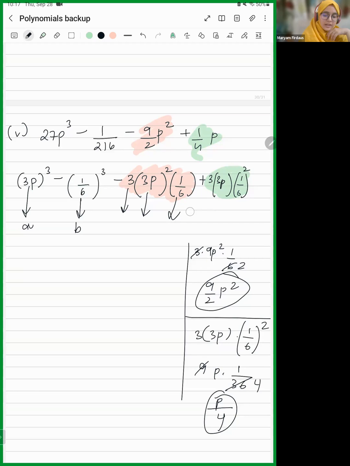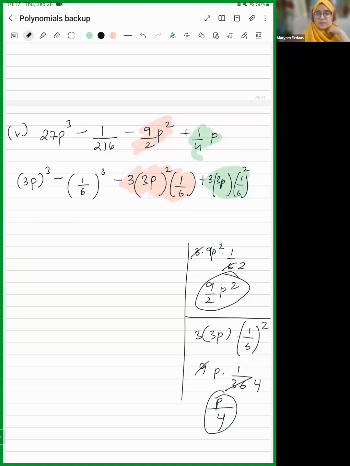We have just put the value of a and b, which we found from the first two terms, in the next two terms. That's all. Is that okay? Yes, ma'am. Okay, thank you.